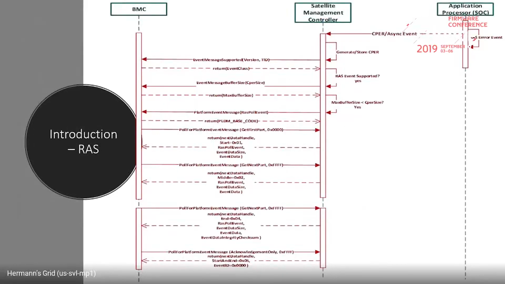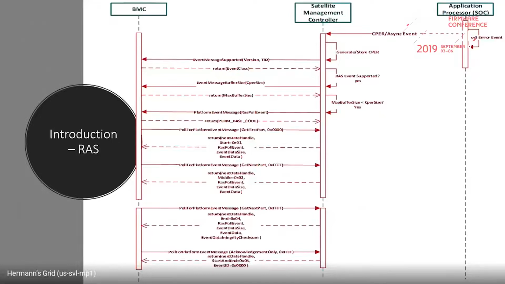So I guess the figure isn't visible, but I can explain it. The RAS errors in our ARM architecture are generated in the application processor. It can create a CPER error record.